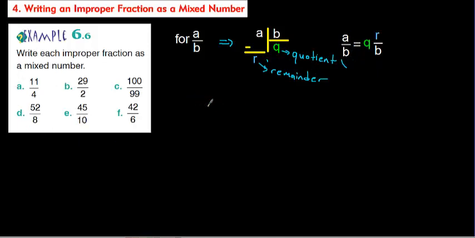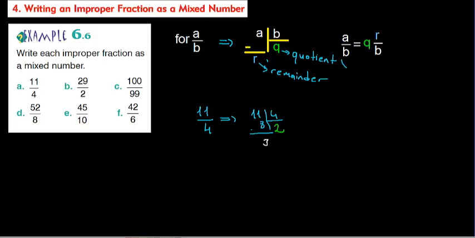So when I want to divide 11/4, I know that there are two times 4 in 11, and 2 times 4 is equal to 8. Then the remainder is going to be equal to 3.